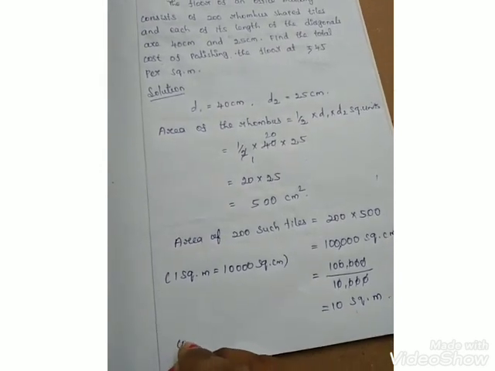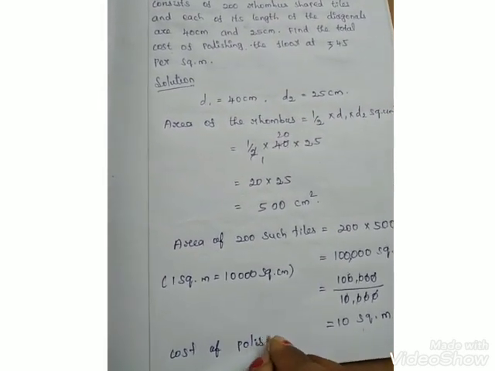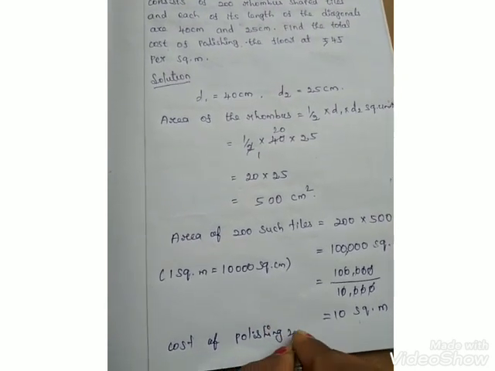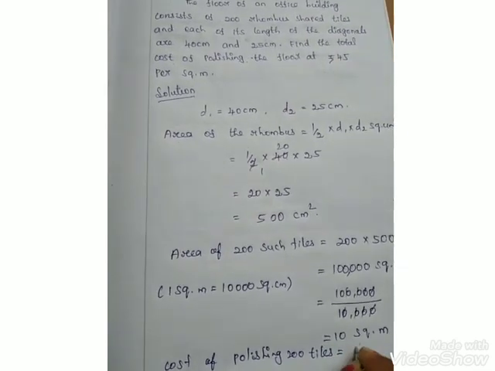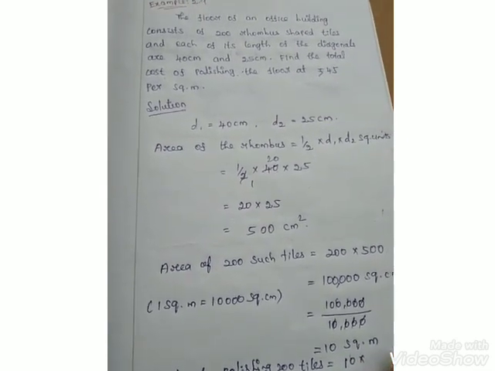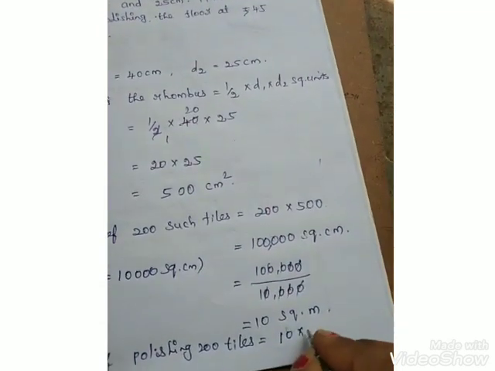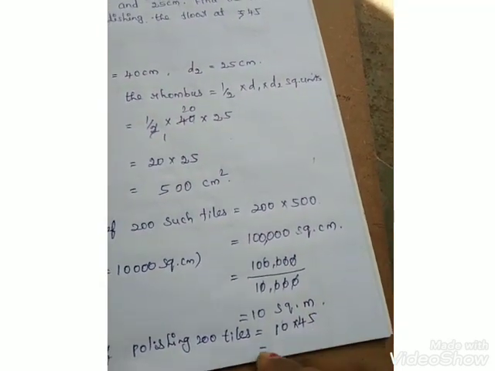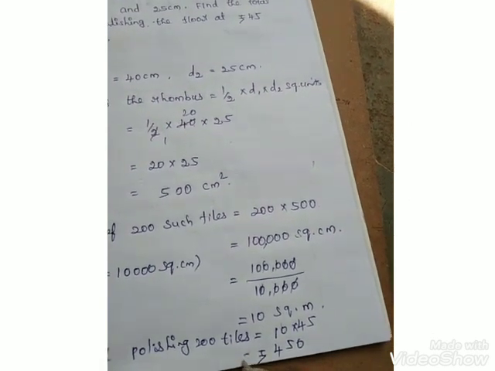Okay, cost of polishing 200 tiles is equal to 10 into, per square meter வந்து 45. So 10 into 45 is equal to 450 rupees.